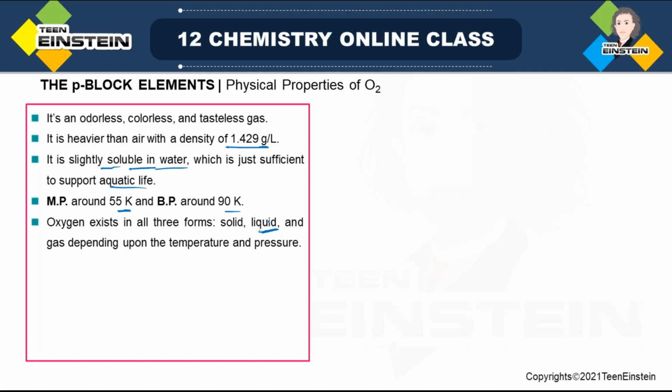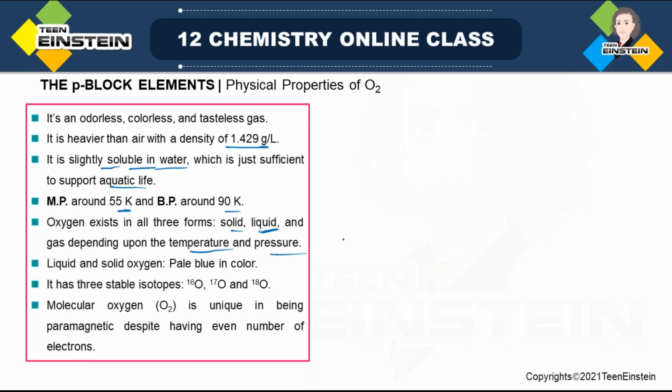Gaseous oxygen we mostly see, but solid and liquid oxygen are also possible. It depends on what temperature and pressure you are applying. So under normal condition it is gaseous, but depending on temperature and pressure, you can also convert it to solid oxygen and liquid oxygen.